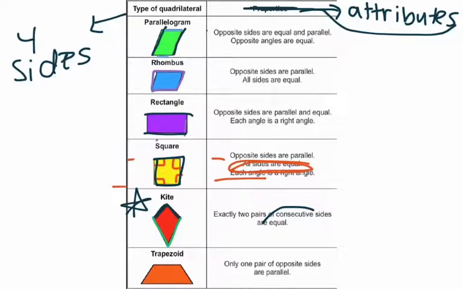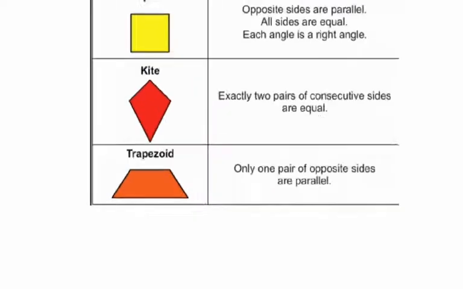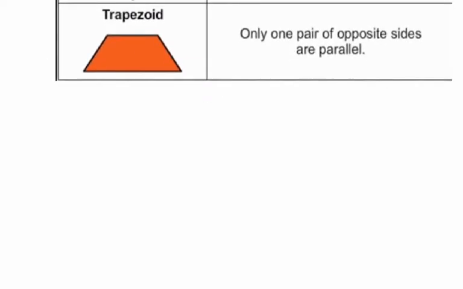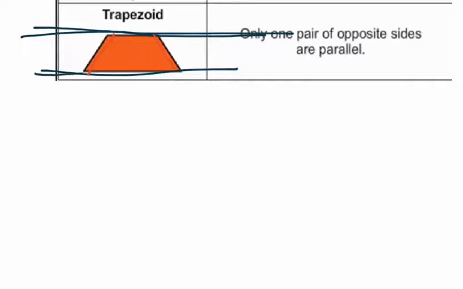And then a trapezoid. Only 1 pair of sides are parallel. So let's actually zoom in on the trapezoid. If I were to zoom in, I can see that these 2 are opposite and these 2 are opposite right here. And if I were to keep going and make this straight, they would never touch. They're parallel.